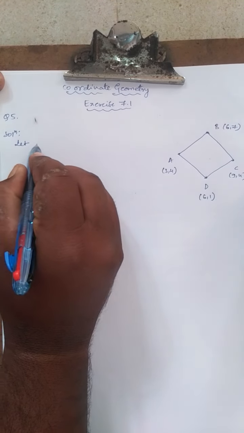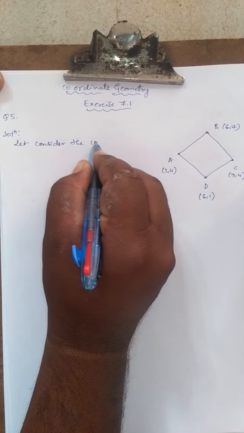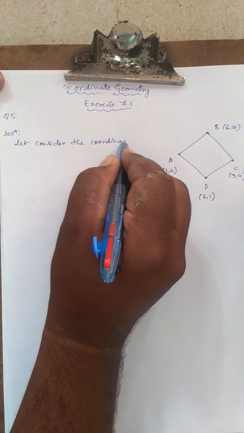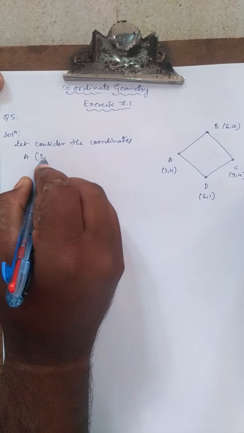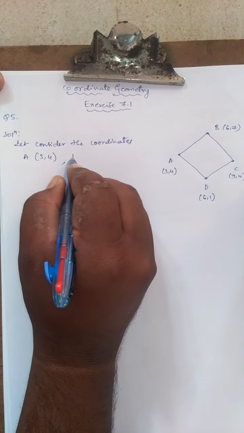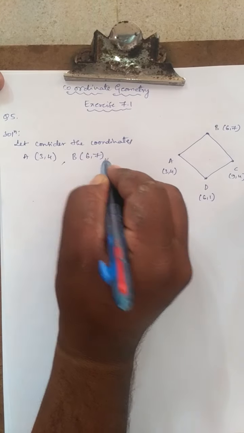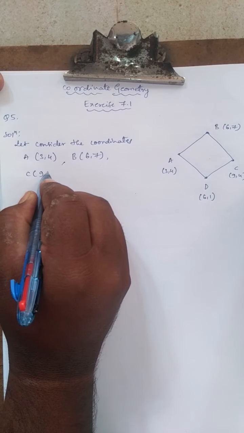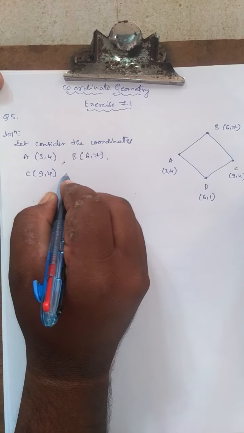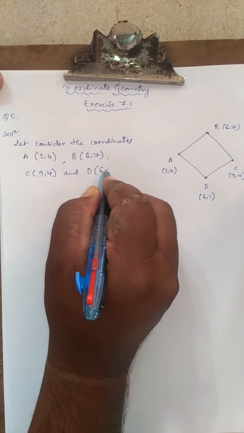Let us consider the coordinates A (3, 4), B (6, 7), C (9, 4) and D (6, 1).